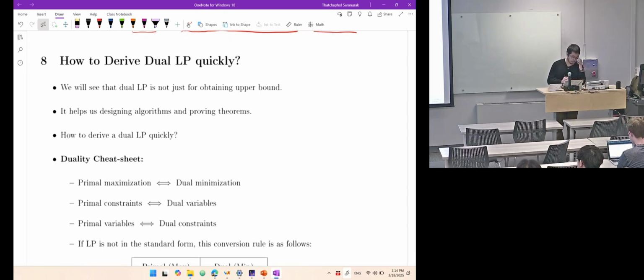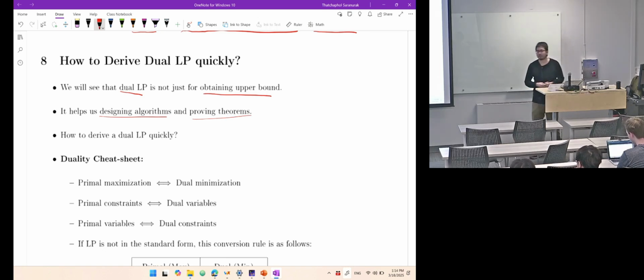Okay. Next, we will see soon that the dual LP is not just for obtaining an upper bound. It will help us design algorithms and help us prove theorems too. In the next homework, you will try to derive the dual quickly, given some LP like the one from max flow.